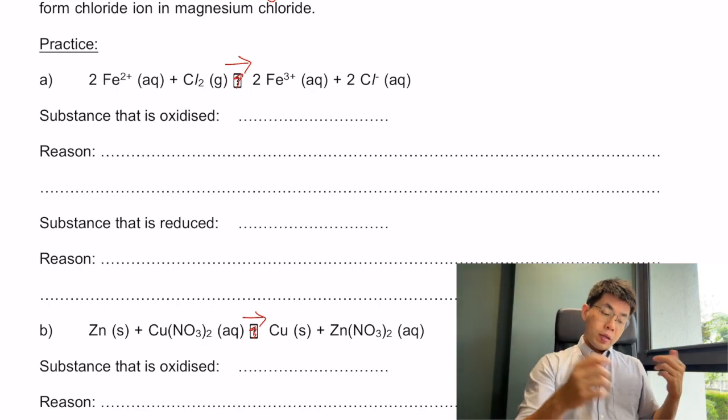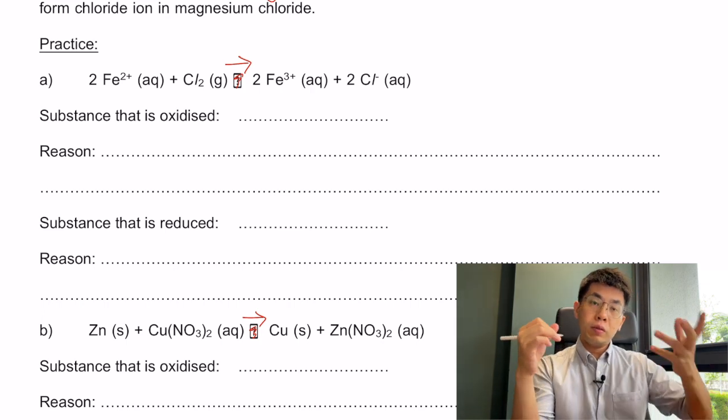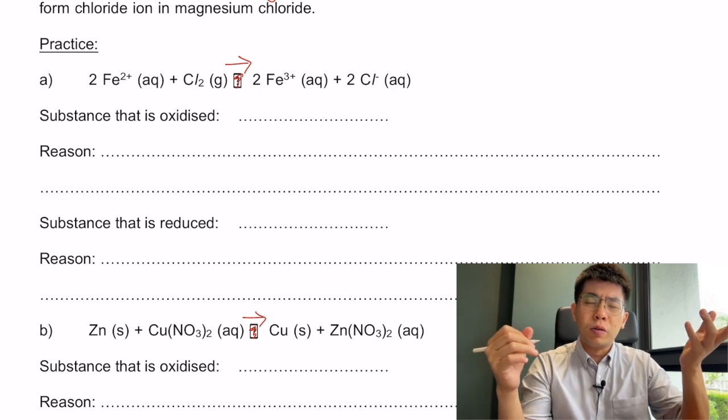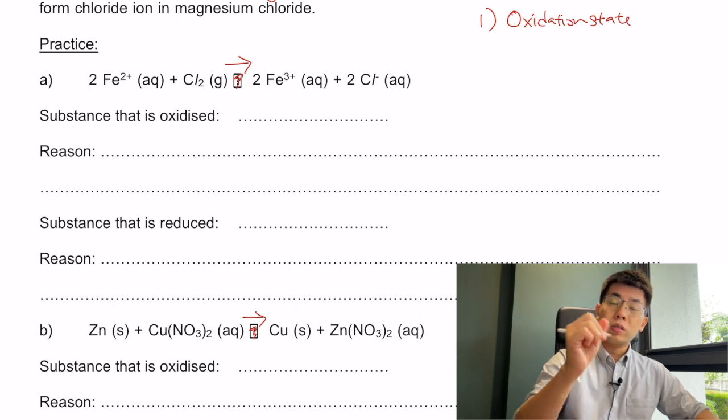Today we'll be learning how to write explanations in terms of electron loss or gain. To revise, how do we determine which one has been oxidized or reduced? Step one, let's take this down. We use oxidation state to determine which one has oxidized or reduced.